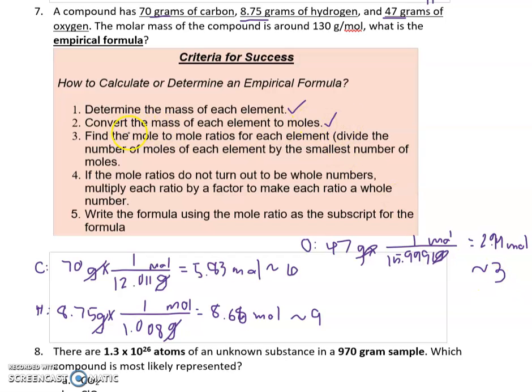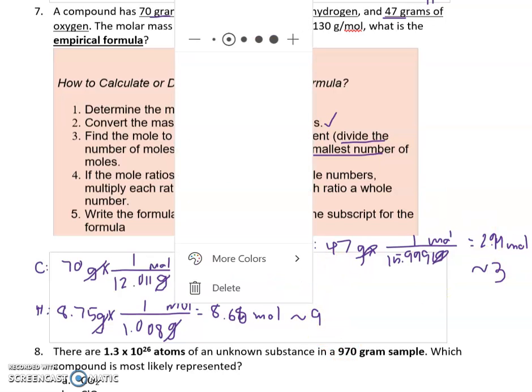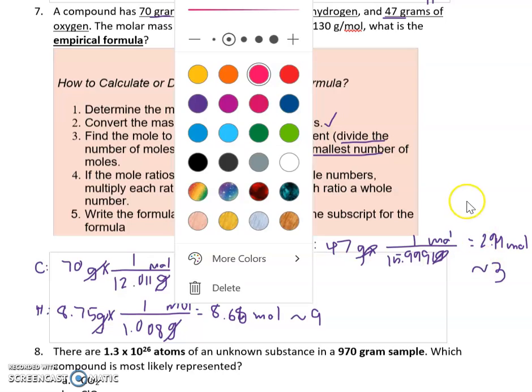So I go back and read number 3. I have to find the ratios for each element and divide the number of moles by the smallest number, so each of these numbers, 6, 9, and 3, I have to divide by the same number so that they have the smallest ratio. I know that 6, 9, and 3 have a common factor of 3.